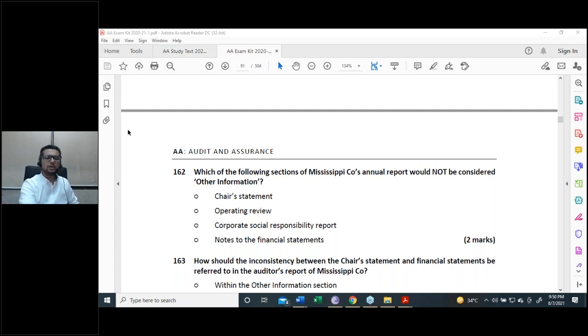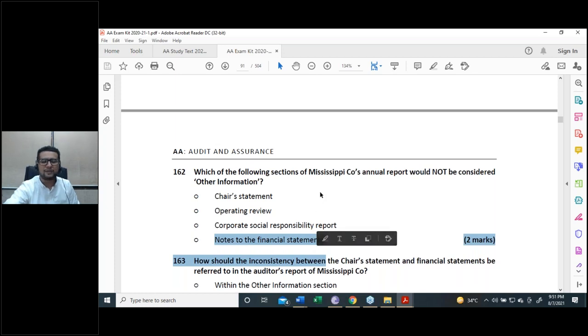Well done to the majority of you having the answer as option D. Some of you are saying C and B. No. Why? The chairman's statement is part of other information, not part of the financial statements. The operating review is part of the other information, not part of the financial statements. The corporate social responsibility report is again part of the other information, not part of the financial statements, but the notes, that is, the disclosures, are part of the financial statements. That is why D is the answer.